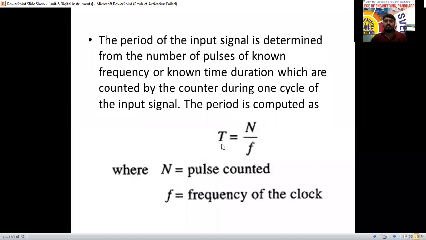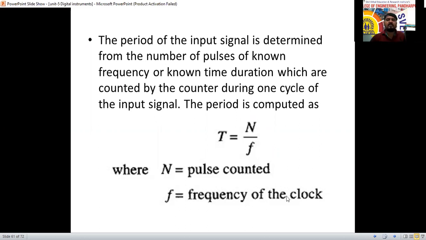So previously what we have done, for a particular time, how many pulses were generated, pulses counted, we have considered. Now to calculate the time period, it is reverse here. t will go here, f will come here, and the number of pulses divided by the frequency of the clock is going to give the time period here. We are giving the input as a frequency only.